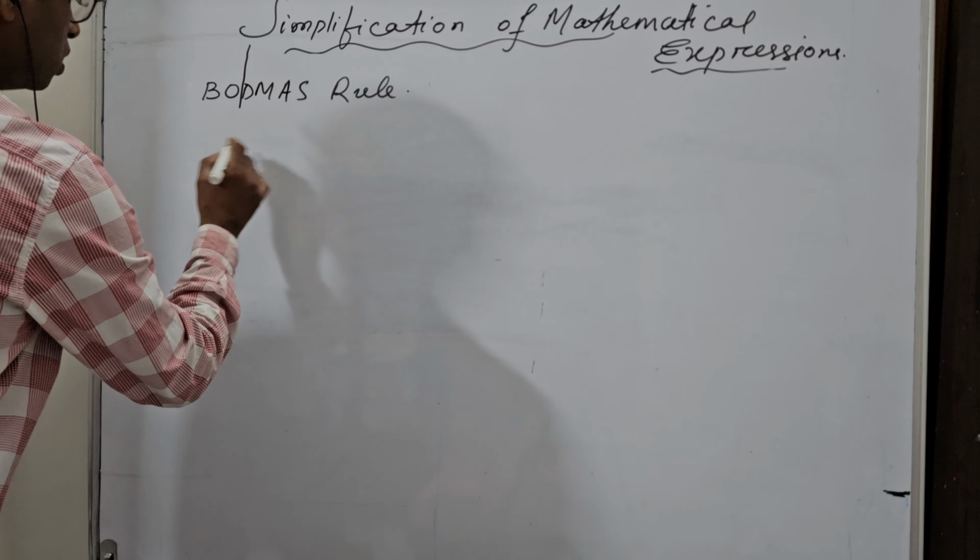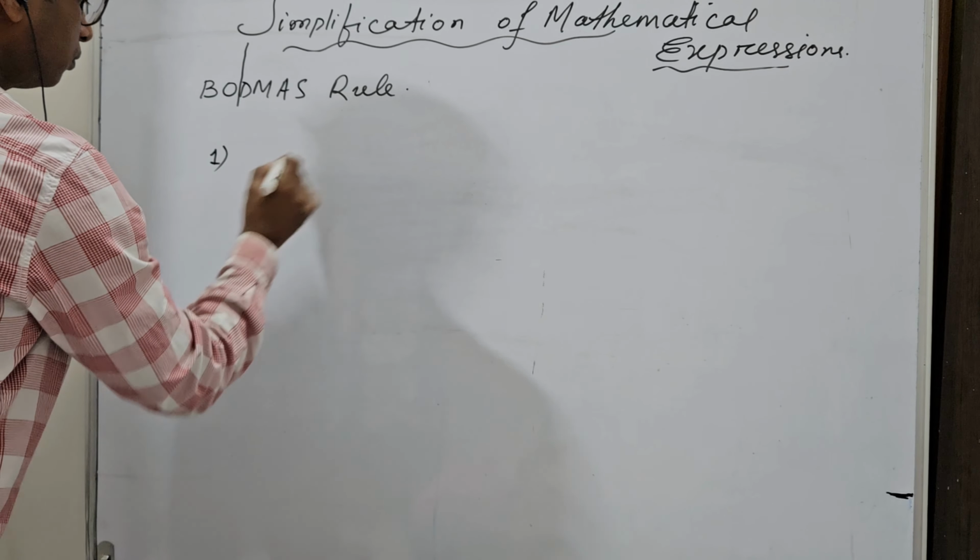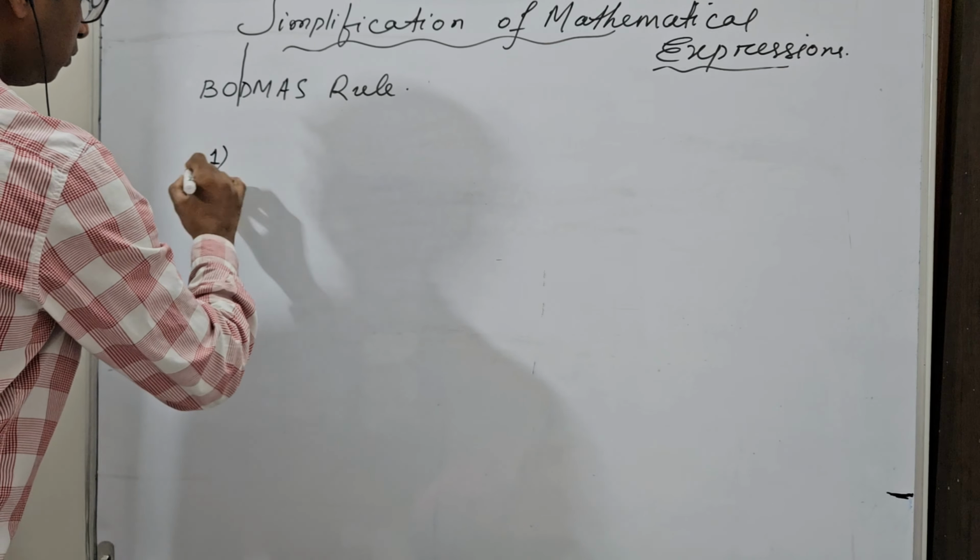So let us take a simple one to understand this. Like it is given, simplify the expression. What is the expression? 4 plus 5 minus 6 minus 4 plus 5 plus 11 minus 7.